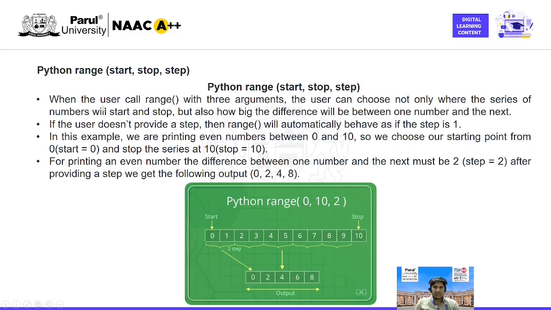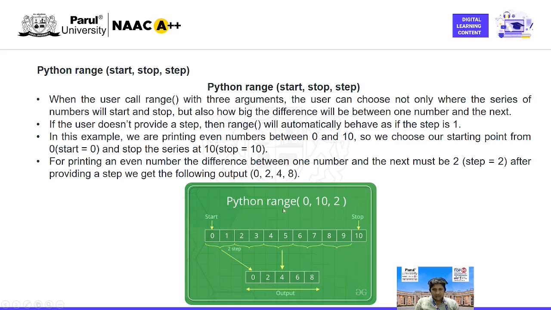It means the user also decides what the first value will be, what the last value will be, and what the difference will be between the first and second term. If the user doesn't provide a step, then range will automatically behave as if the step is 1.